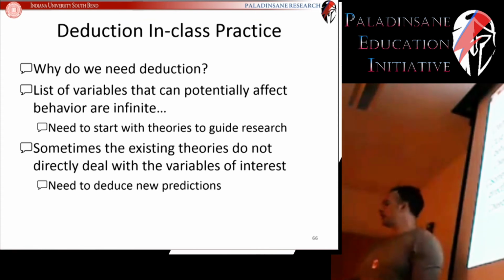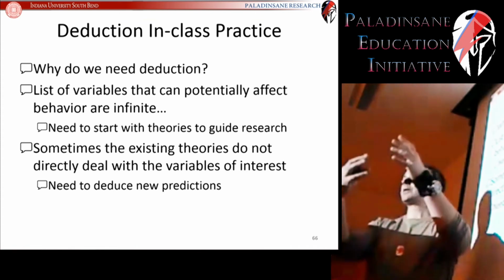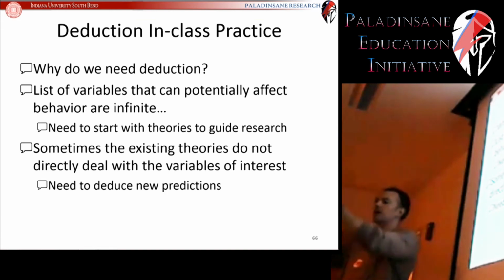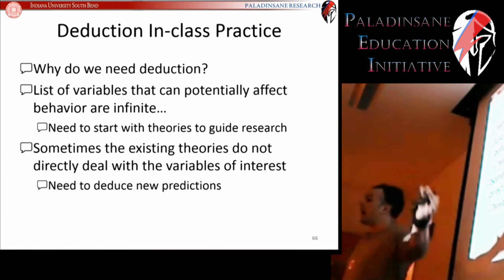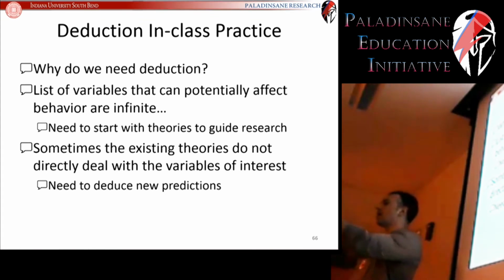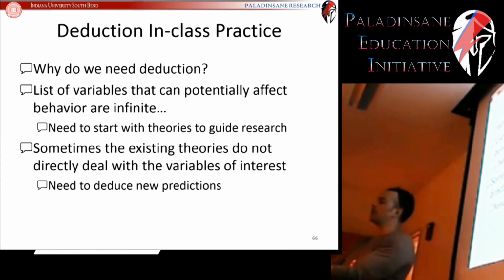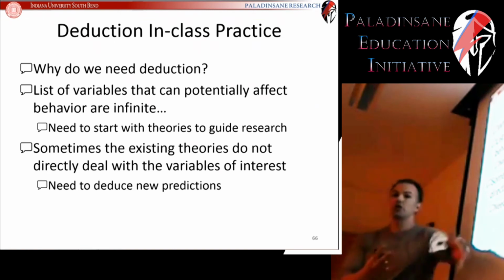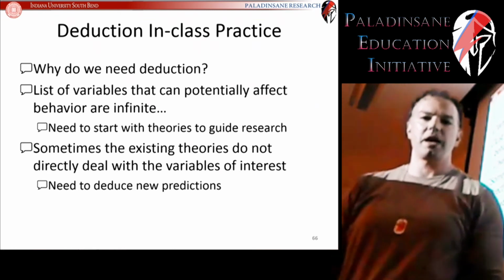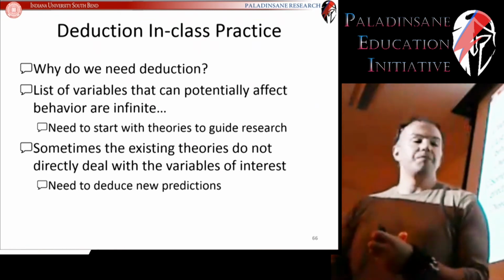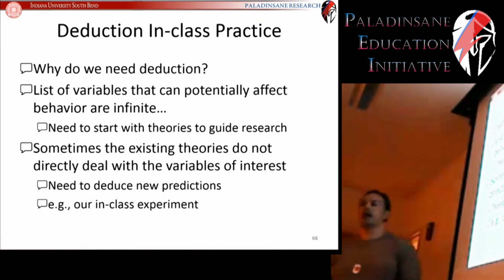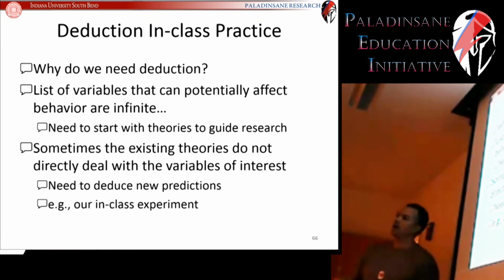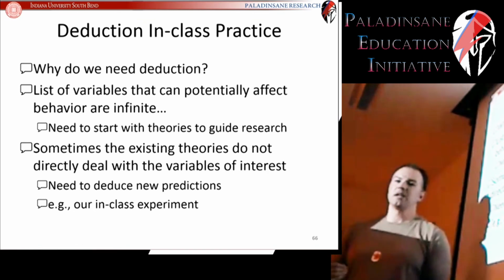So you look at theories on human interaction, you look at theories on availability of information, you look at theories on how choices are made, and then you say, all right, based on all these things, this new phenomenon of social media should cause these behaviors. So that's what you need to do to deduce those new predictions, and you're going to need to do that as well in our in-class experiment.